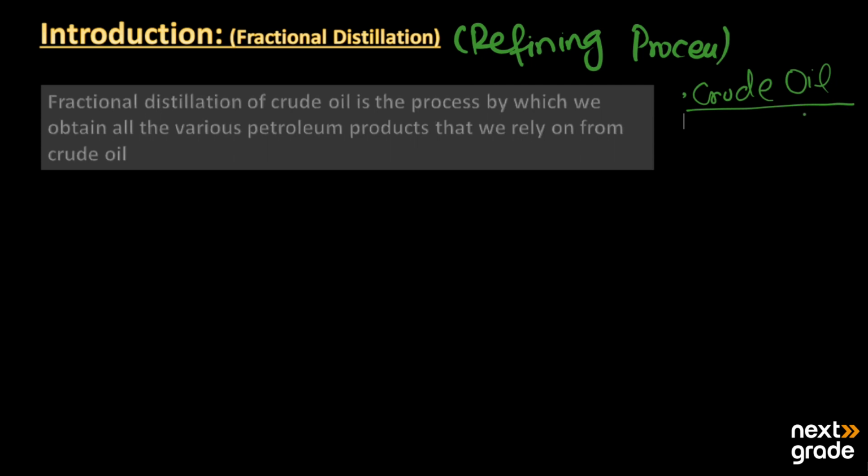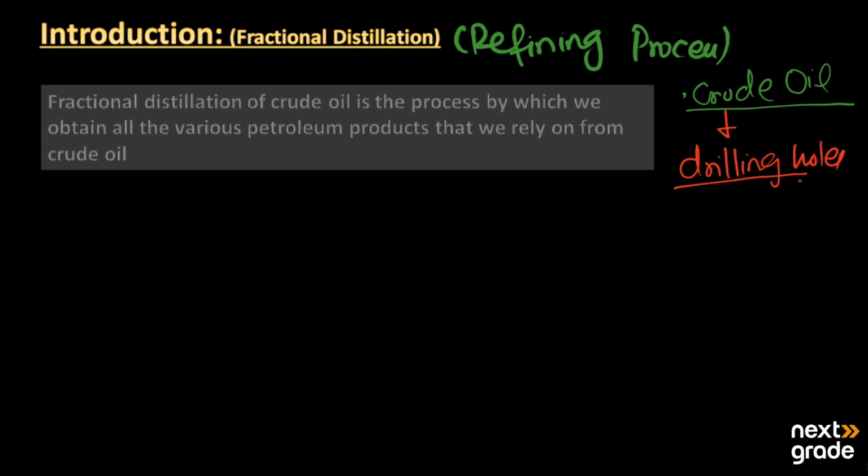Now, before the fractional distillation, how do we gain the crude oil from the earth's crust, because it is present under the earth? So, the first method to extract the crude oil from the earth's crust is drilling holes under the earth's crust.